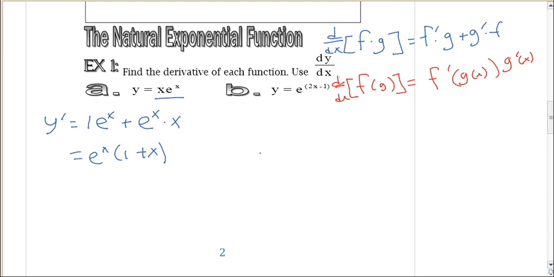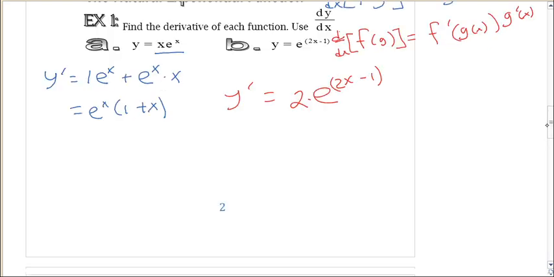Okay, so let's give it a go. y prime is equal to, the derivative of the whole thing is just going to be e to the 2x minus 1 power. The derivative of the inside, the derivative of 2x minus 1, is just going to be 2. Done. That's how easy it is.